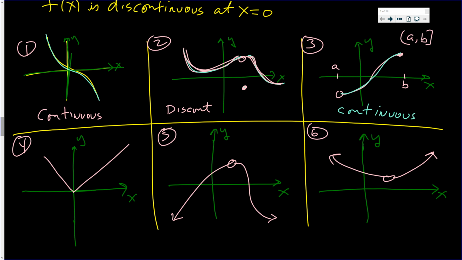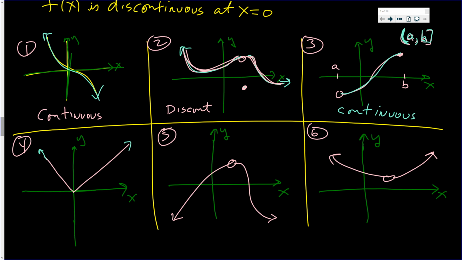Now, okay, let's talk about that comment a little bit more. If they tell you that this is a domain, it's open at A and is closed at B, then it's continuous. So let's actually go back to a couple of other graphs. This has arrows. This has arrows. And we have arrows here. Okay.